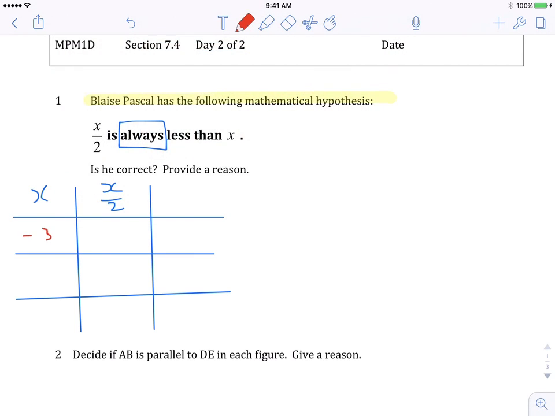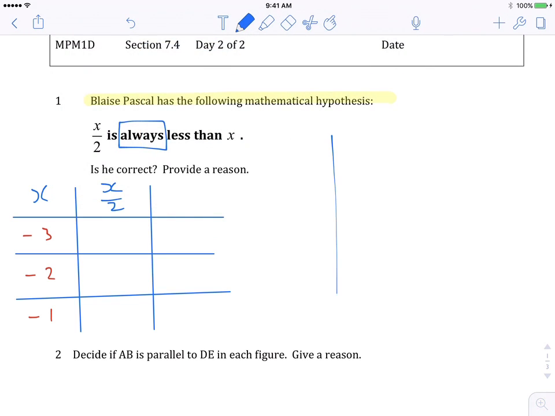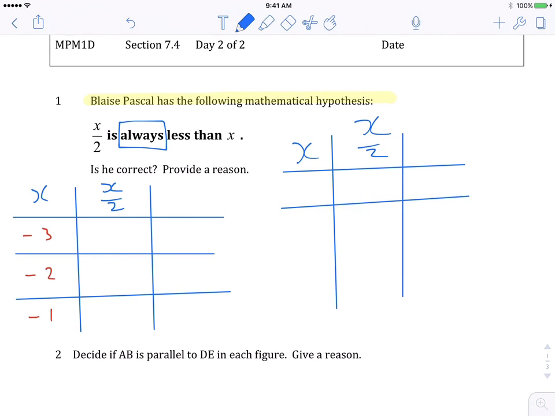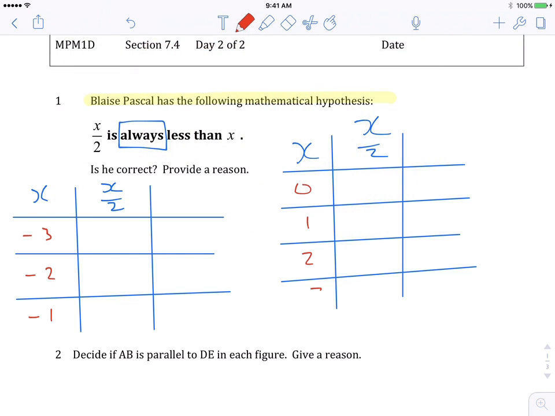We'll do x as -3, -2, -1, and also when x is equal to 0, 1, 2, and 3.